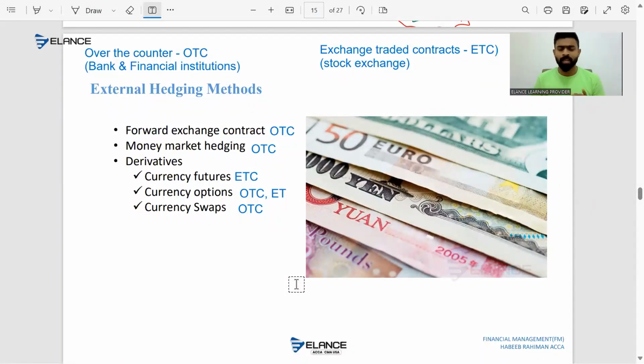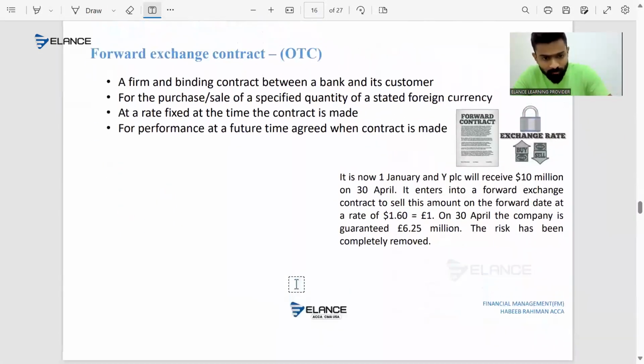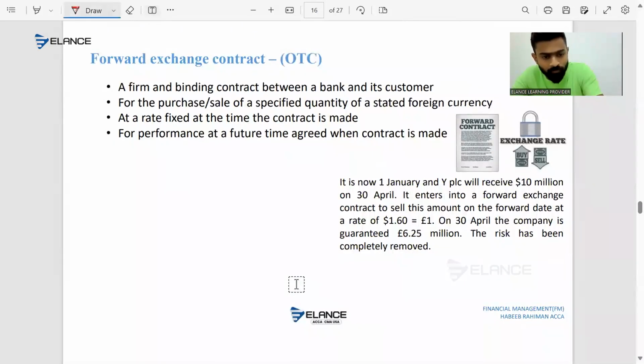So we will say to the bank, I will come to you on November 10th and I need, I don't know the exact fee, assume it is 130 pounds. So I will buy 130 pounds. We will enter into a contract today itself to buy 130 pounds. So we are fixing this in a forward contract.